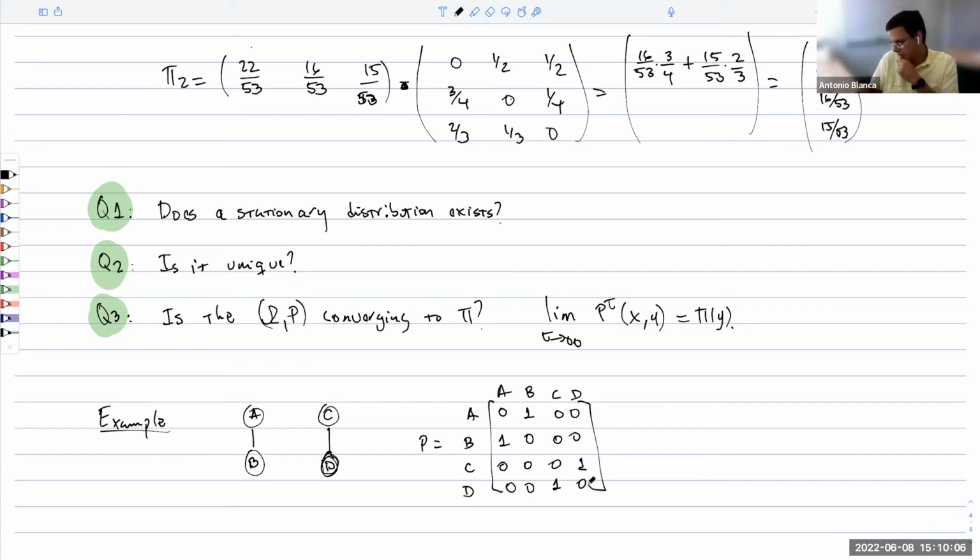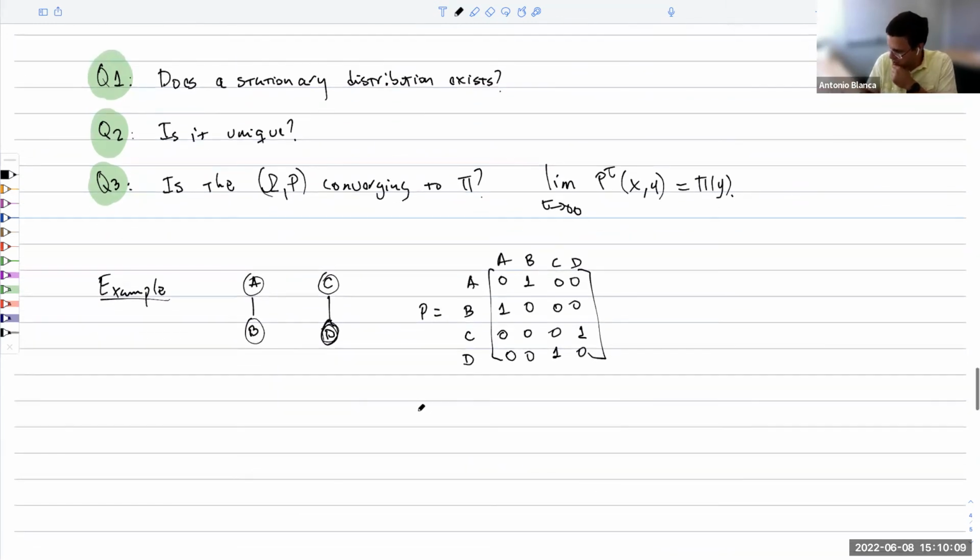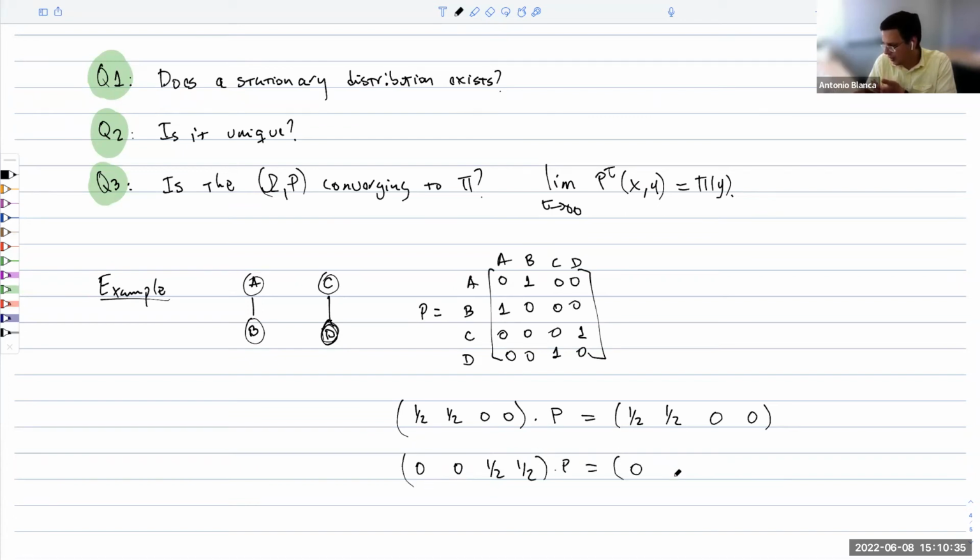Now, if I take the distribution 1/2, 1/2, 0, 0 and multiply it by P, you can check that you get 1/2, 1/2, 0, and 0. So that means this distribution is a stationary distribution for P. But it's not the only one, because if I do 0, 0, 1/2, 1/2, I get again the same vector, which means that this is another stationary distribution.